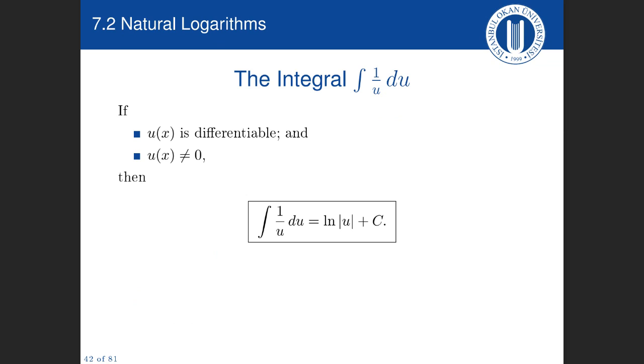We've talked about the derivative of ln x. Now let's talk about the integral of 1 over u du, the indefinite integral of 1 over u. If u is differentiable and if u is not equal to 0, then the integral of 1 over u du is equal to ln of the absolute value of u plus c.